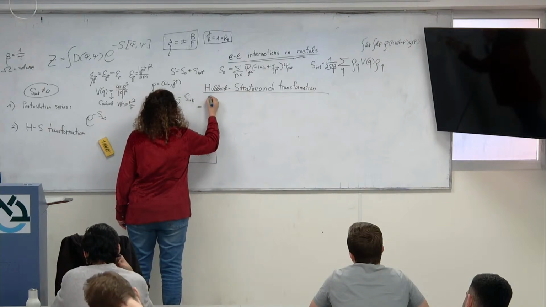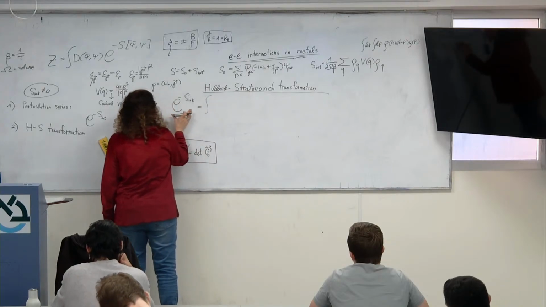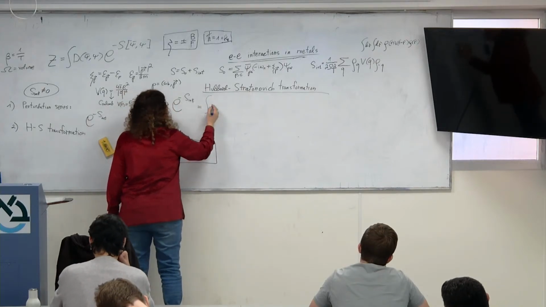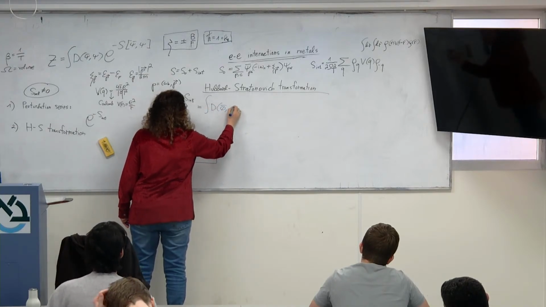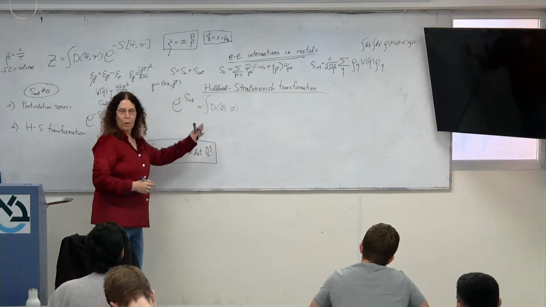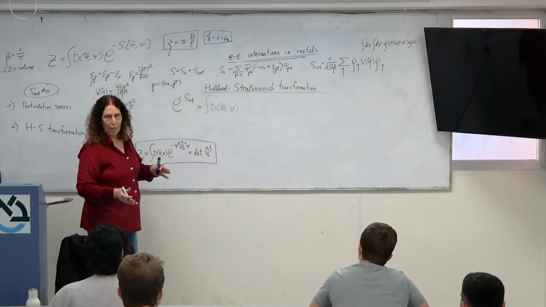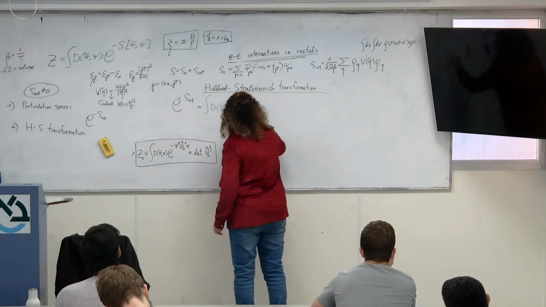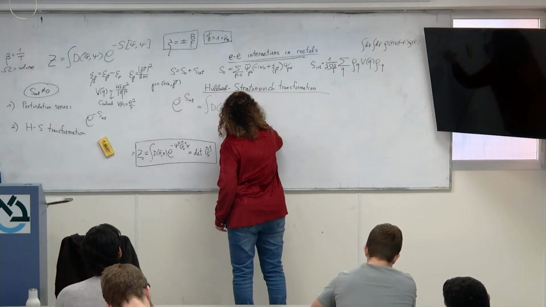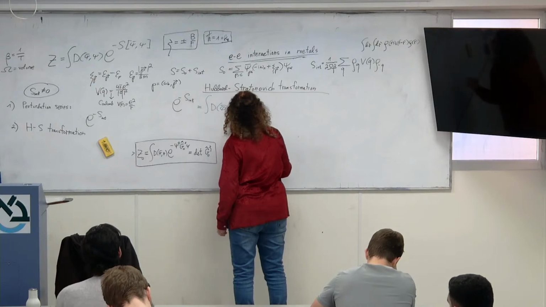So I write this as an integral over some other auxiliary complex field. I call it phi. It's a collective field. And this is what it is.